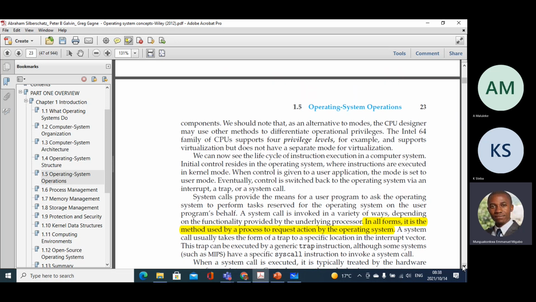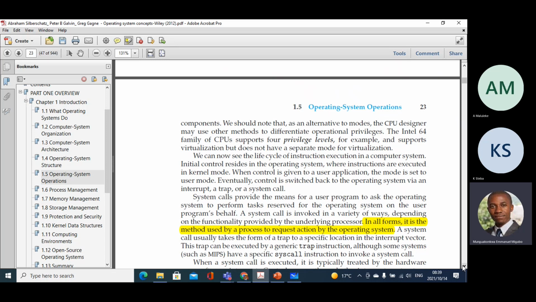This trap can be executed by a generic trap instruction, although some systems, one of them being the MIPS, which stands for million instructions per second, a special type of CPU, have a specific syscall instruction to invoke a system call.